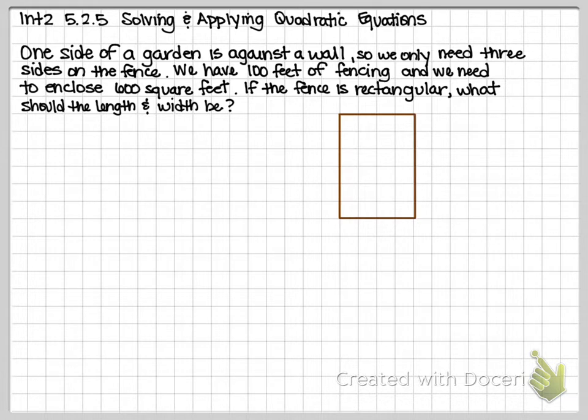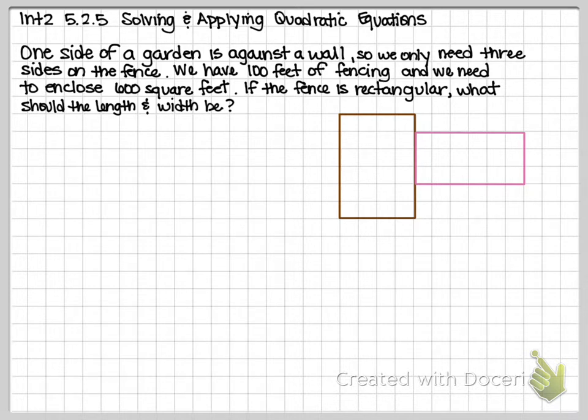What I do know is that it's going to be built next to the house so that I really only need 3 sections for the fence. I don't have to build the fence right next to the house because I'm just going to use the house as part of the fence.